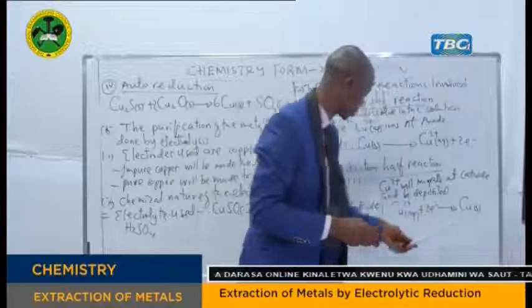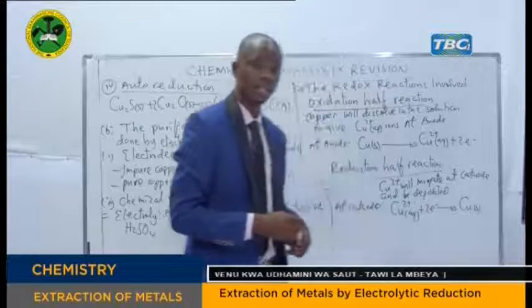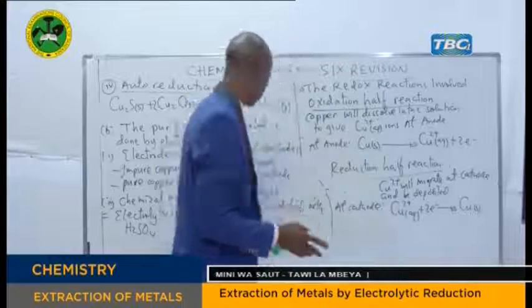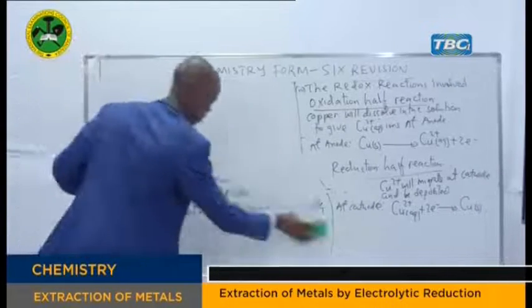Finally, we have the copper metal which is deposited at the cathode. And this copper metal which is deposited here, it is very pure. Now, we can have a little illustration here on the board on that electrolysis process.